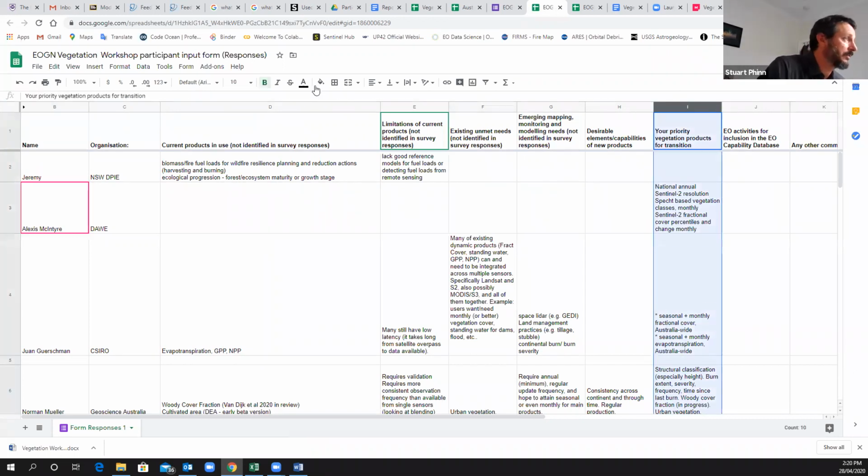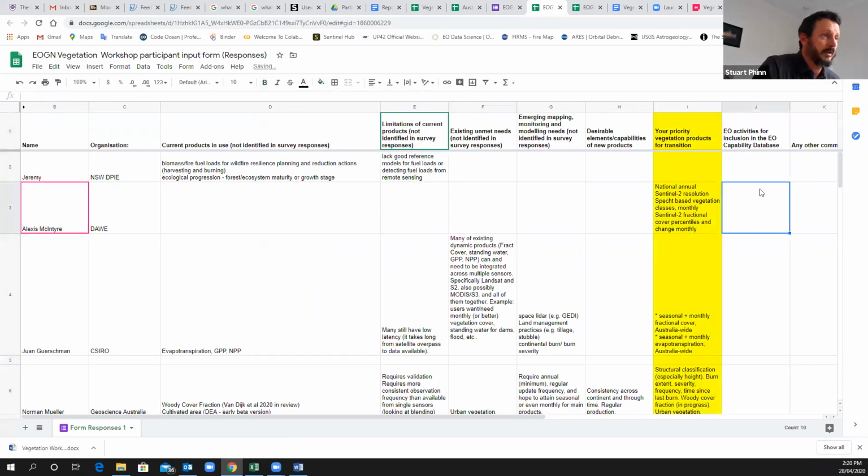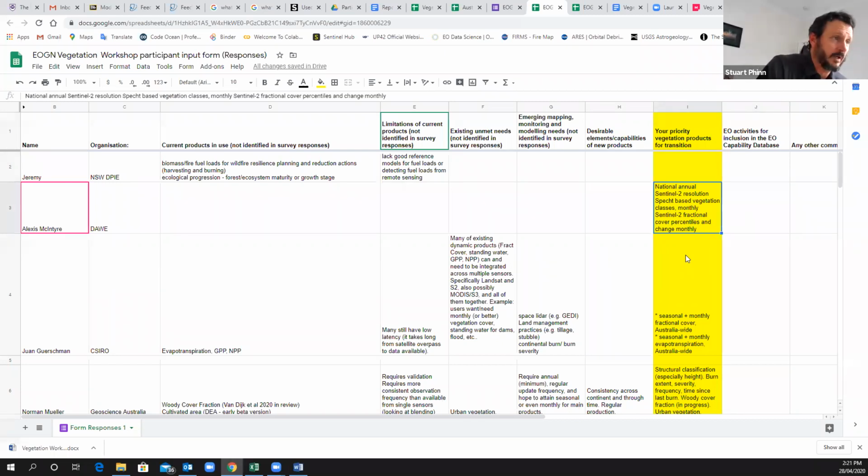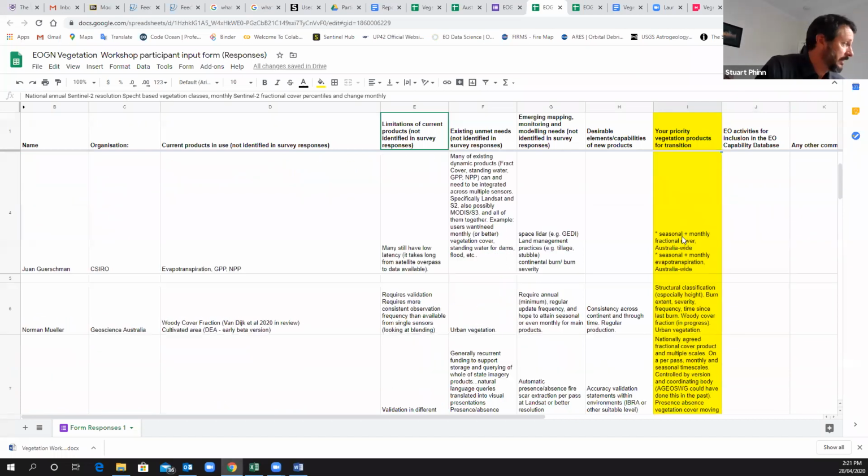This column here was the priority interest in terms of products in transition. Jeremy's got a state focus. Alexis has identified ones there for vegetation, which are quite specific.